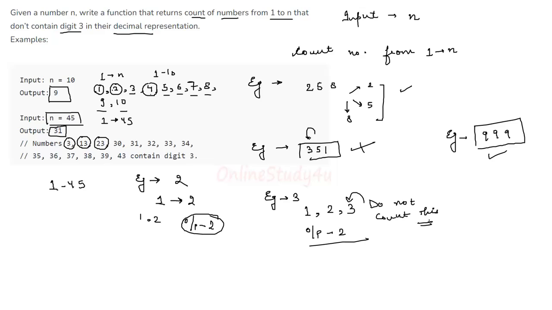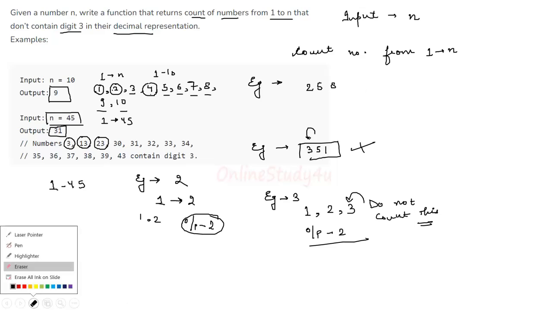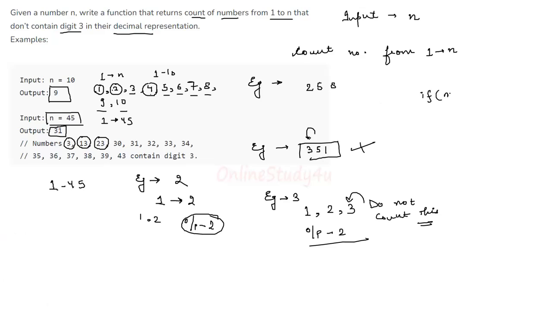Okay. So till now from observation we have seen that if your n is less than 3, assuming there are only positive integers, there are no negative integers.